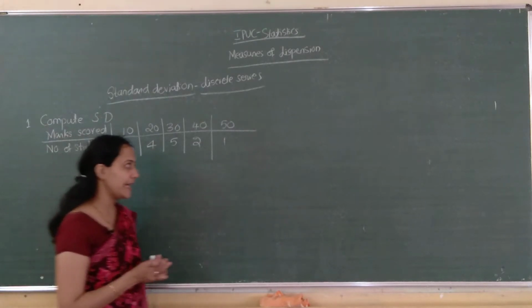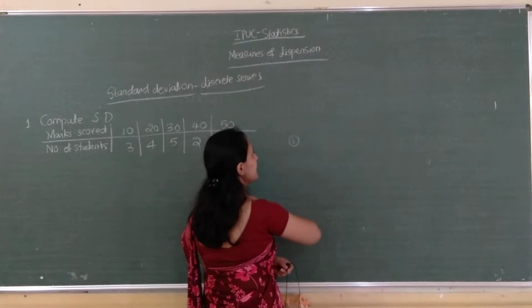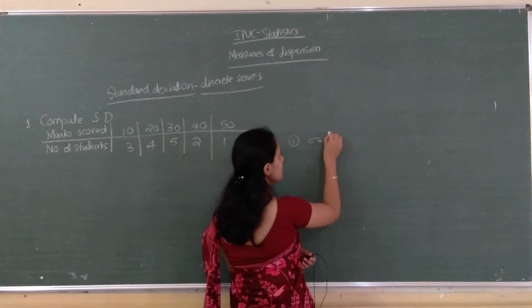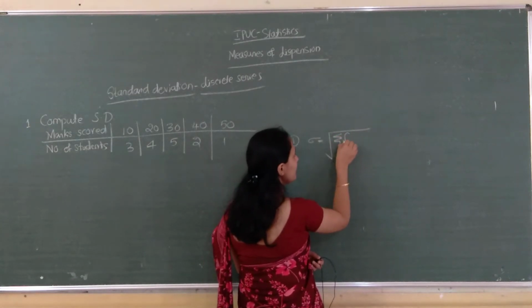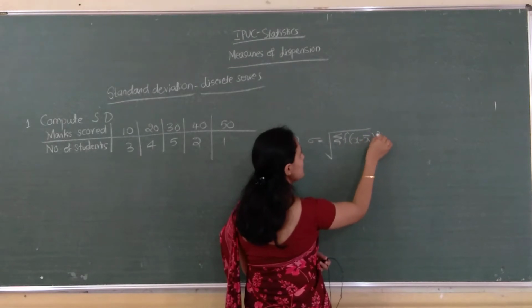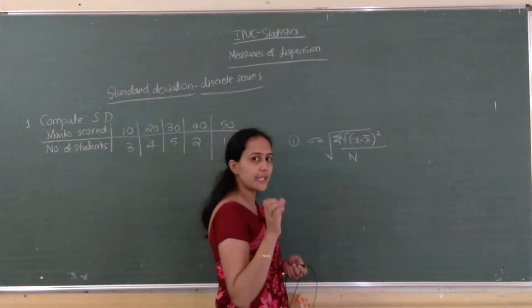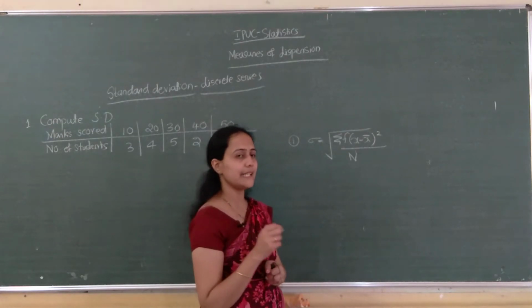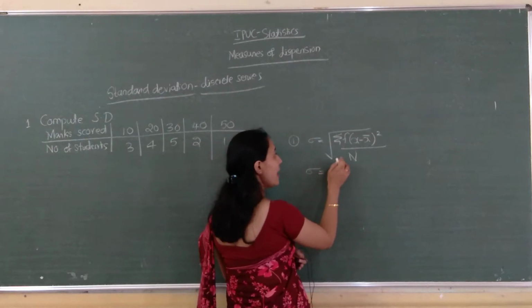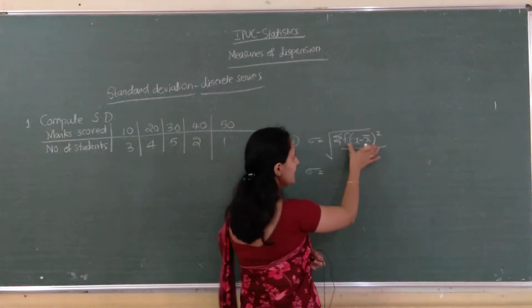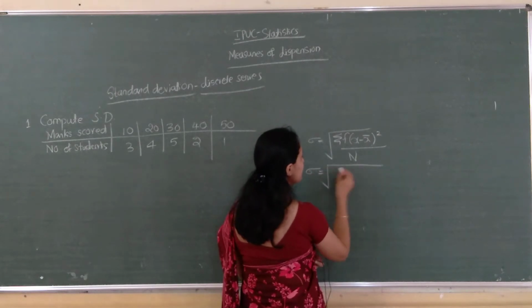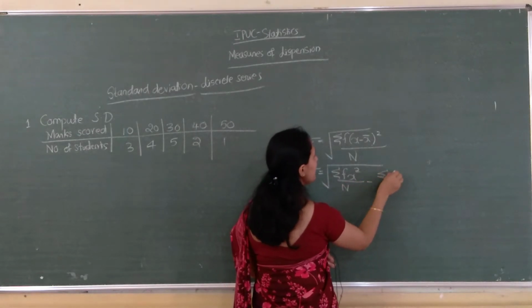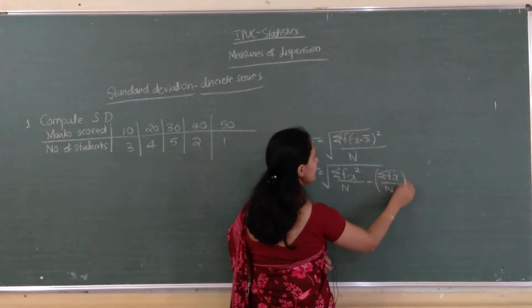I will write here the three formulae you can select from. The first formula, using the direct method: sigma equals the square root of sigma f into (x minus x bar) the whole square divided by capital N. When frequency comes, small n is replaced by capital N. The second one, after expansion, is the square root of sigma fx square by N minus (sigma fx divided by N) the whole square.